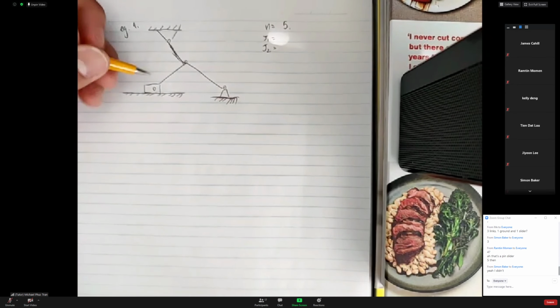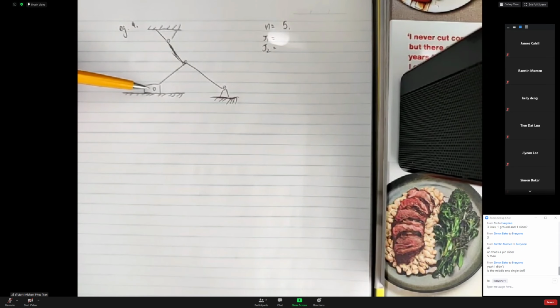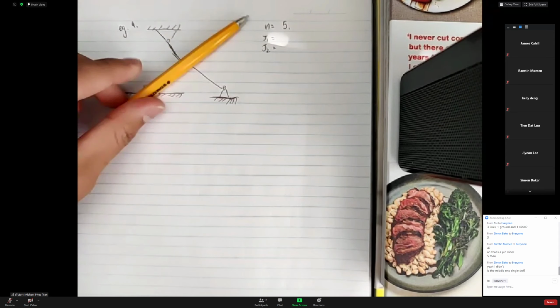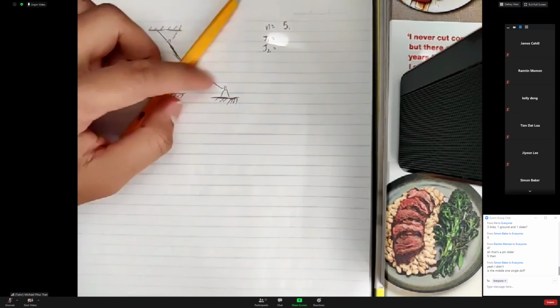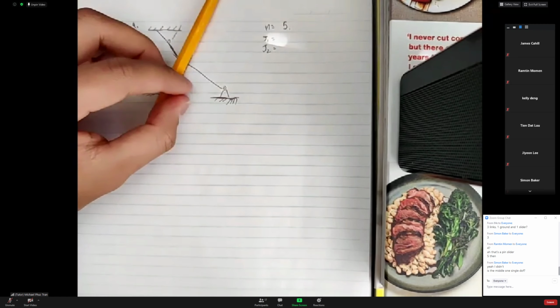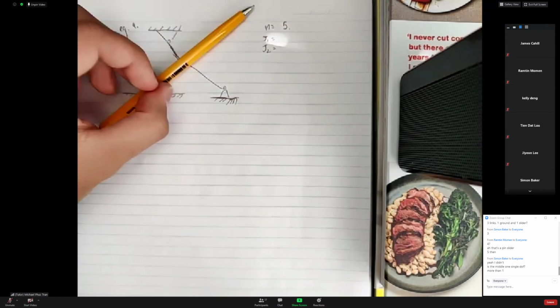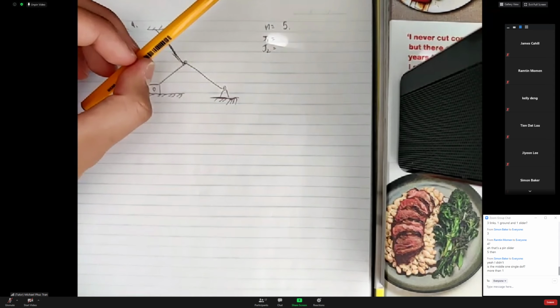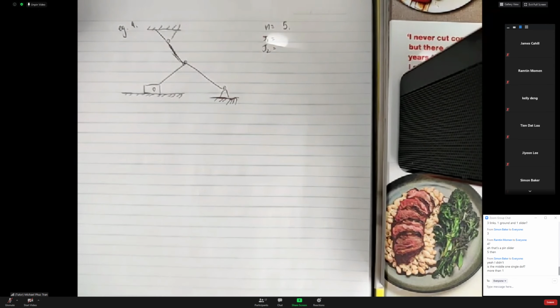So 1, 2, 3, 4. What do you reckon, Simon? Is that a single or a double? If you have 3 bodies with 1 pin link, how many ways do you reckon they can move? It's definitely more than one because you have 2 bodies, 3 bodies.